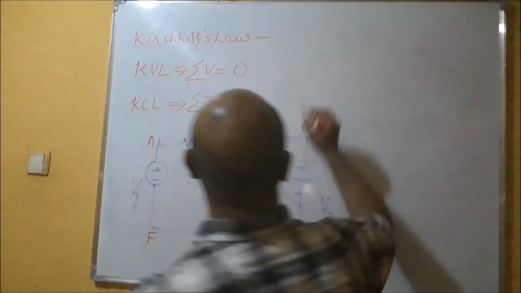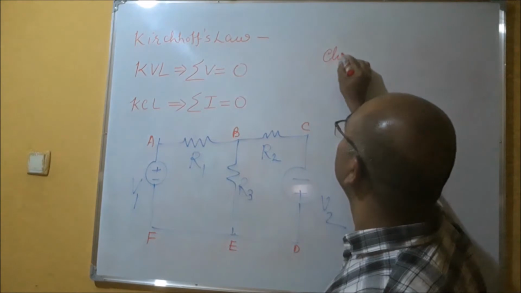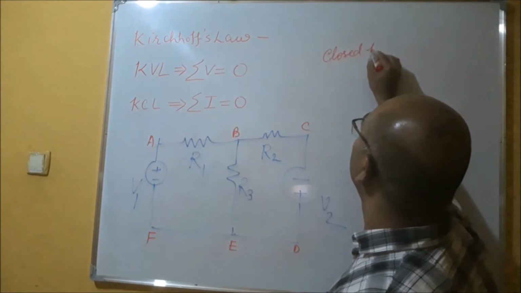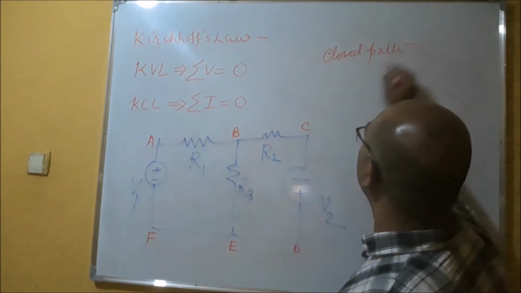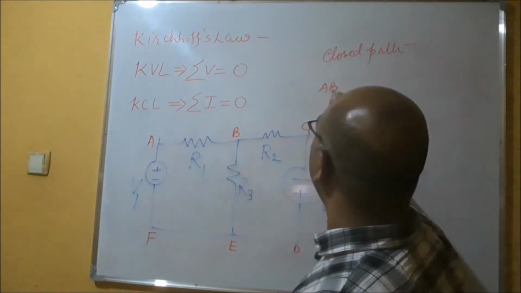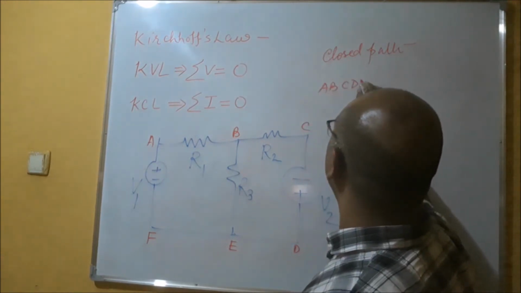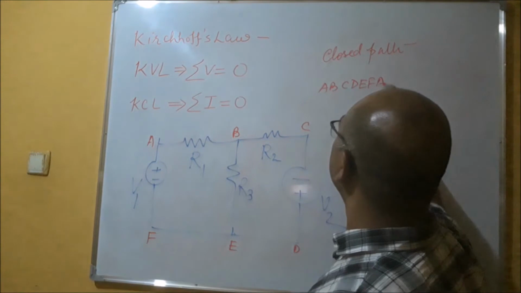If I take a closed path A, B, C, D, E, F, A, that is the first big one.